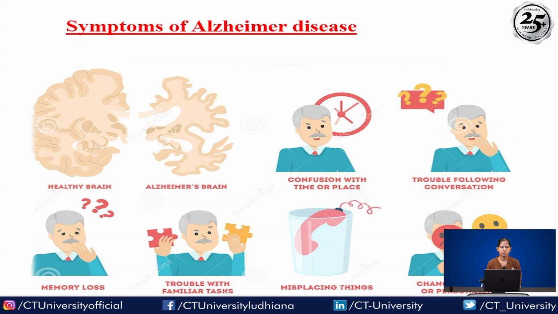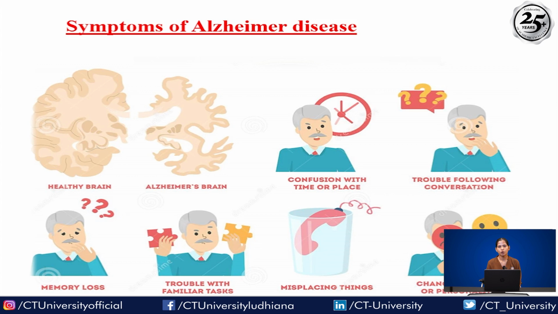Next are the symptoms. Now we study the symptoms of Alzheimer's disease. The first symptom is confusion with time or place. The person doesn't know the exact time and place. Within some time, he or she will forget what the time is and where they are.